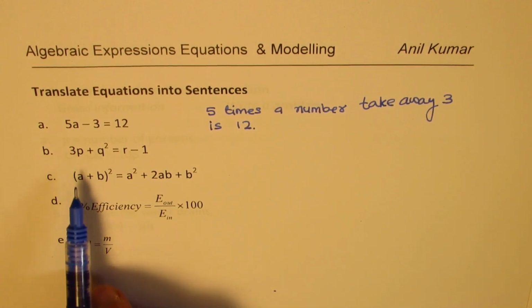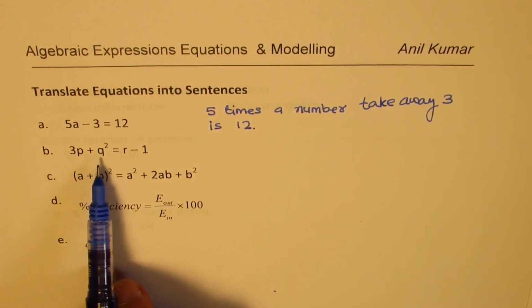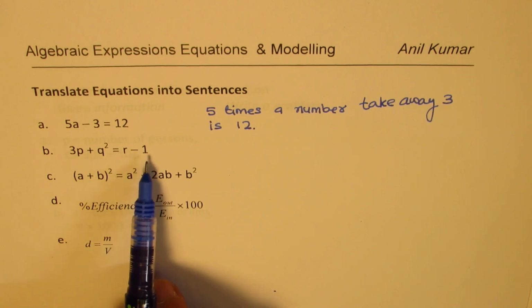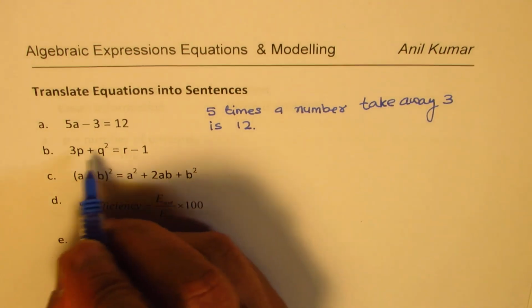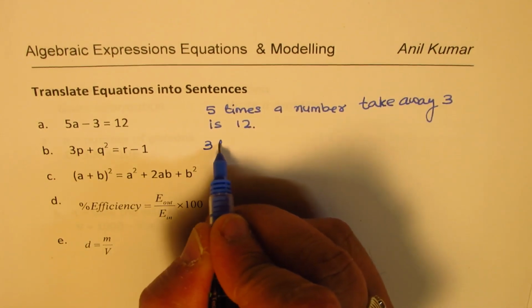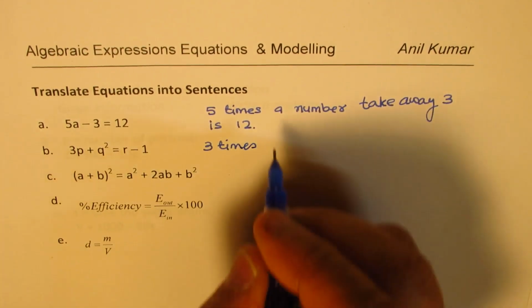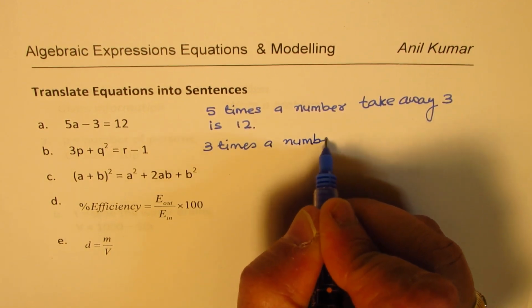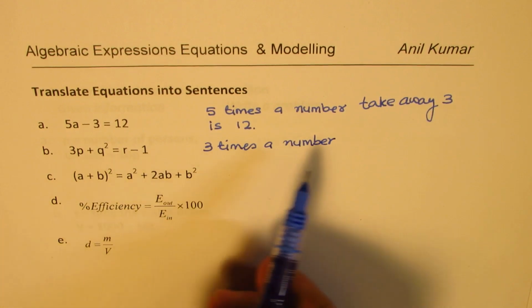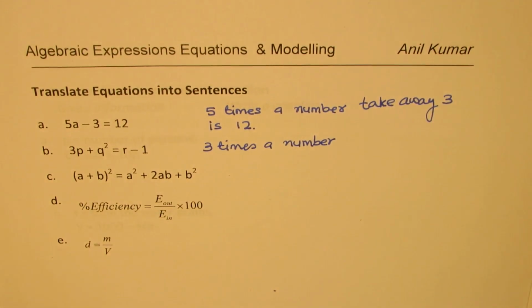The next one here is 3p plus q square equals r minus 1. So here we can write 3 times a number. When we are given an equation, we have liberty here to use just the word number.